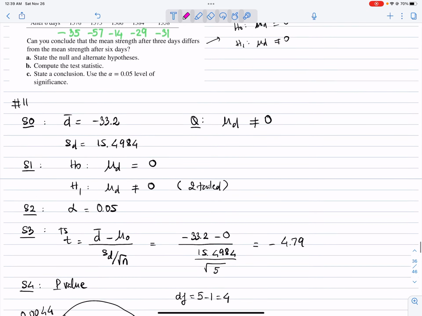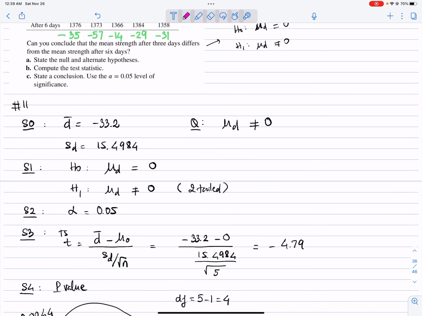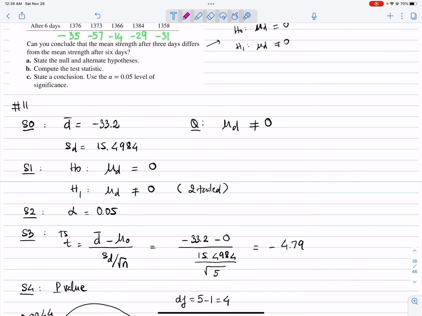So we use the formula, and in section 11.3, T equals d bar minus mu d over SD divided by square root of n. D bar we calculate from the Excel and put in. The SD also comes from the Excel.